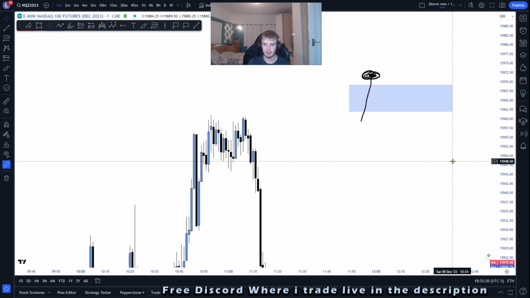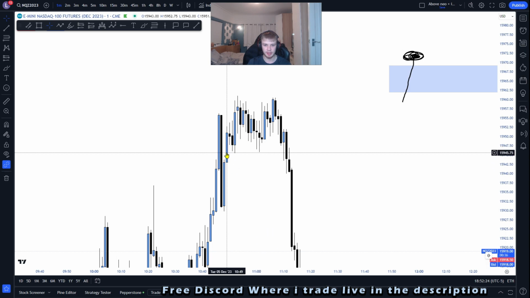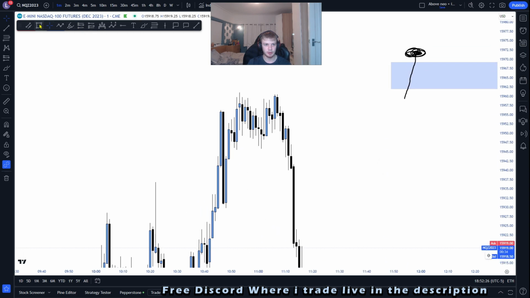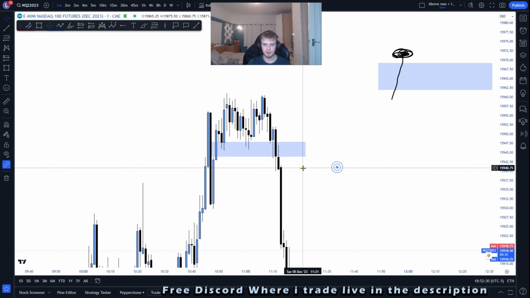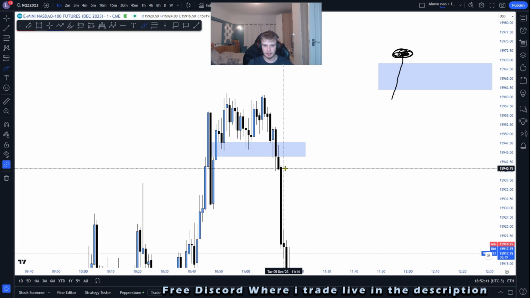As you can see right here, we have a bullish fair value gap. If we mark out this bullish fair value gap like that, as soon as the price closes below it, right here, this is where the fair value gap has been violated, and it is now turned into an inversion fair value gap.